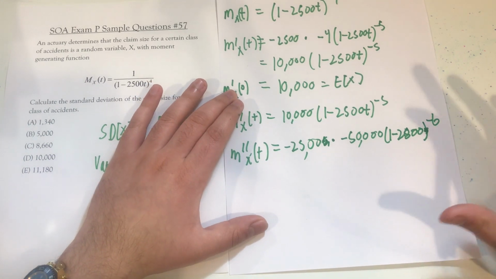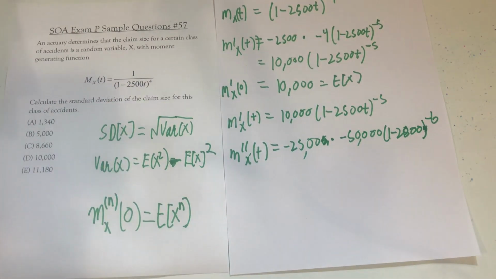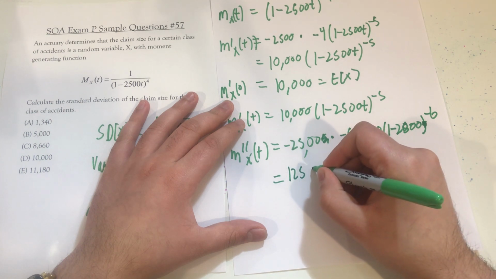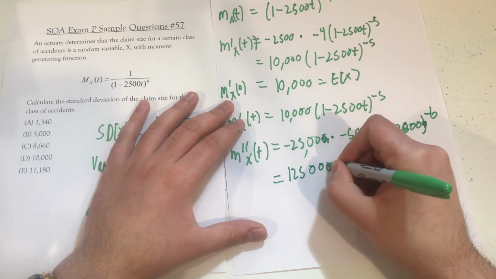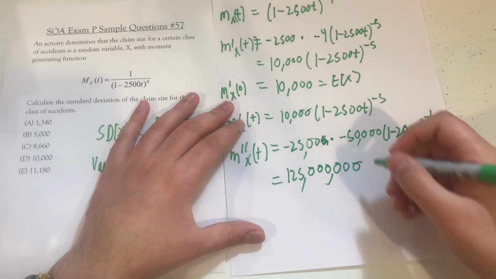Okay. Now, once we have that, I'll clean it up a little more. So that's going to be negative 50,000 times 2,500, and that looks like a very large number. So that's 125,000,000, 125 million.